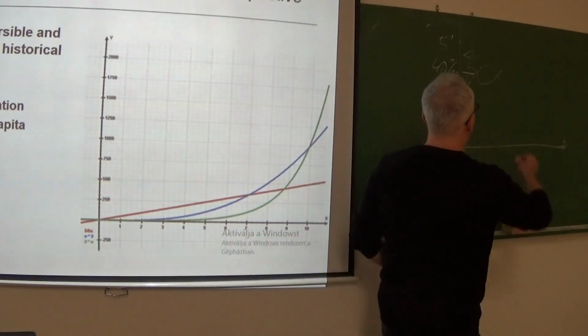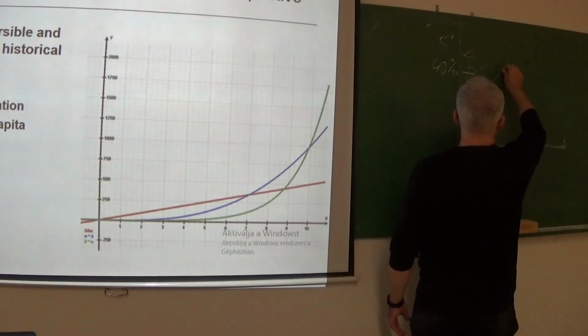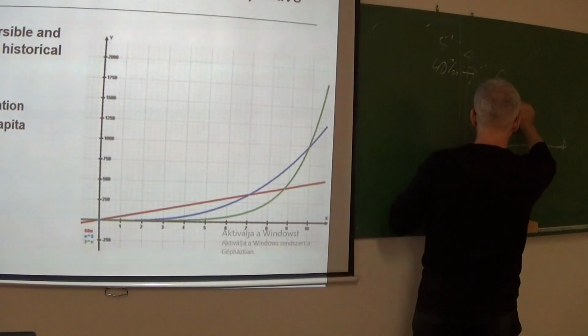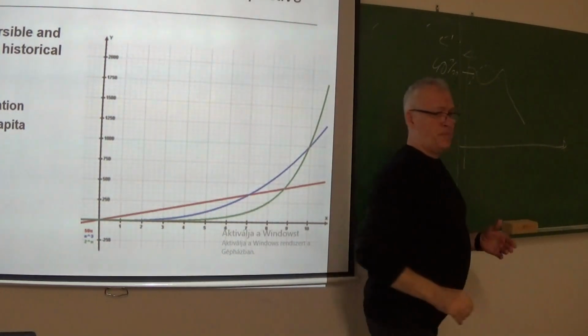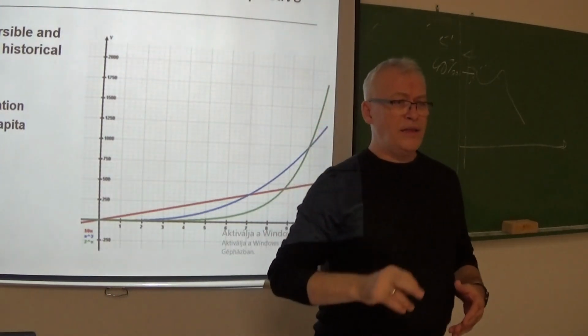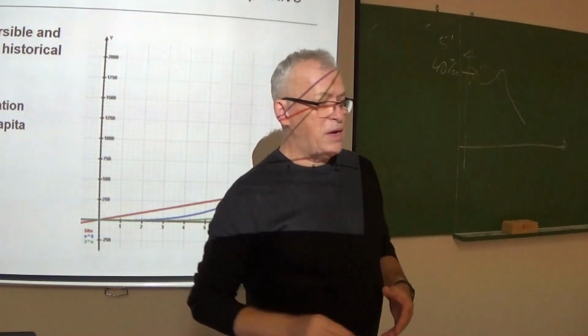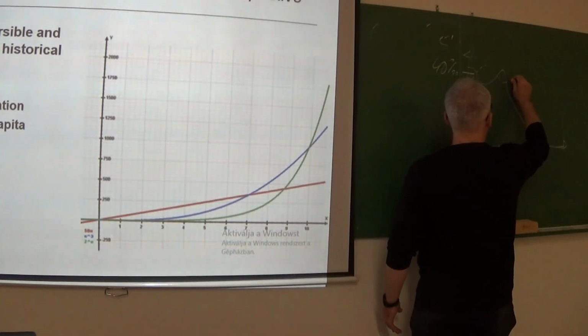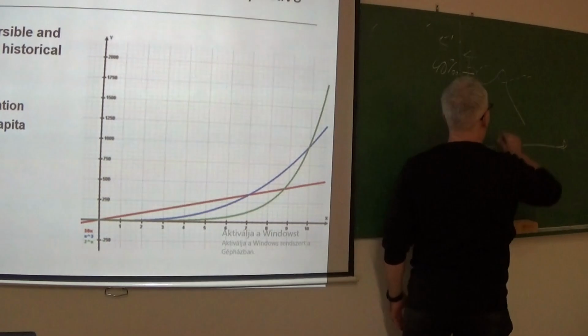Therefore, the rate of mortality decreased very quickly. But a very important peculiarity of the demographical transformation is that fertility stayed very high.